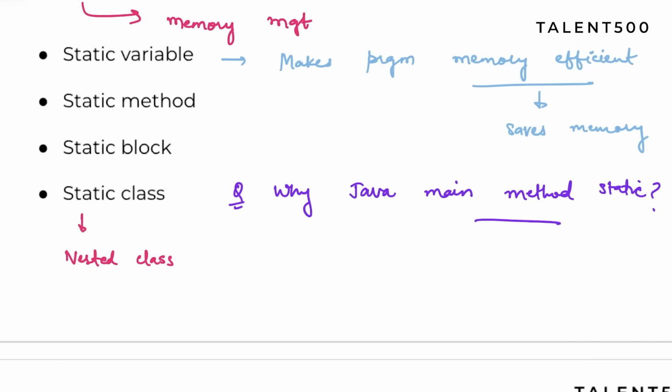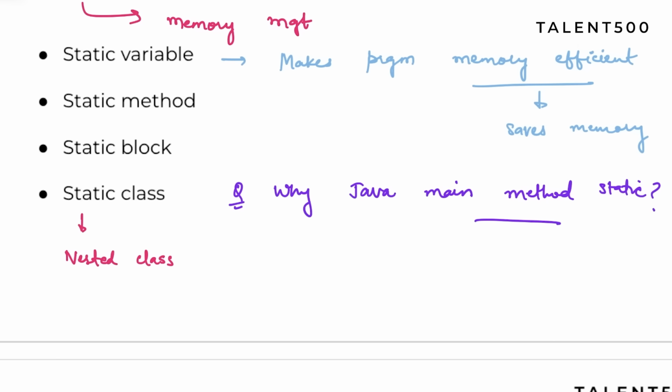Why have they made it static? Why do we use the main method? You can say it is an entry point for your program to start execution. If you put a limitation that I will call it only with an object, then it will not be an effective manner of calling it. That is why we make it static, because an object is not required to call a static method.